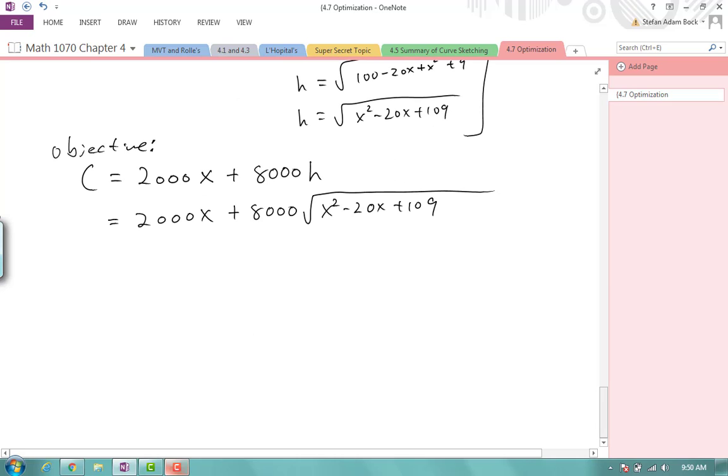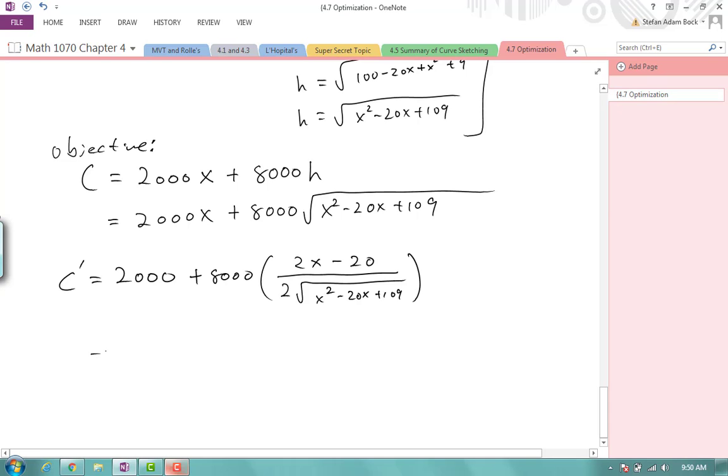So I'll need to take a derivative with respect to x and find critical numbers for it. So c prime is equal to 2,000 plus 8,000 times the derivative of this square root guy, which will be 2x minus 20 all over 2 times the square root of x squared minus 20x plus 109.